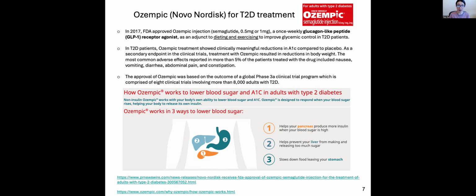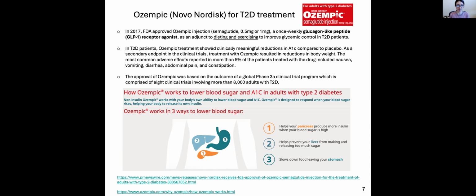By using Ozempic as a medication, they found clinically a reduction in the HbA1c in the type 2 diabetic patient. And as a secondary endpoint in this clinical trial, they also observed that type 2 diabetic patients taking Ozempic showed a reduction in their body weight.